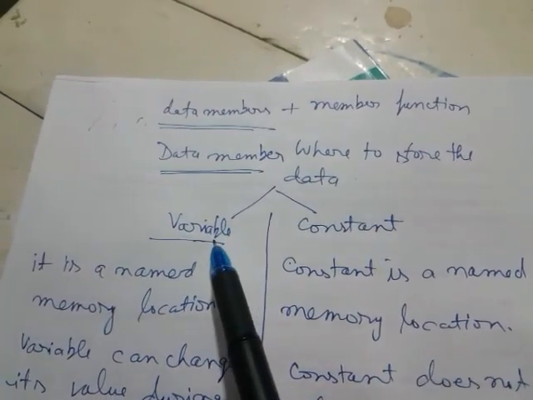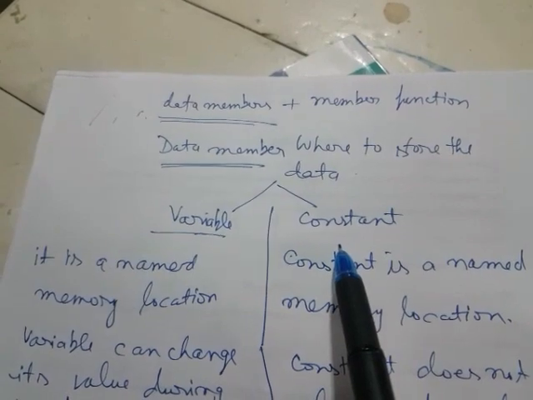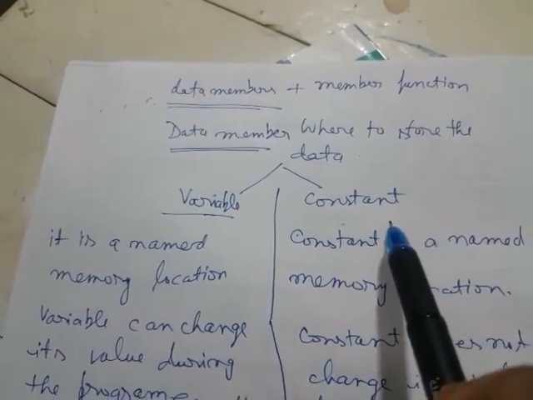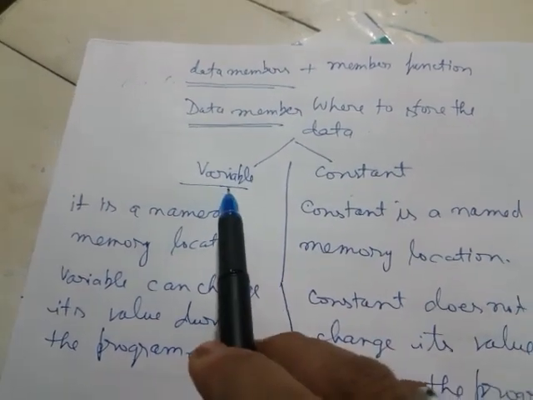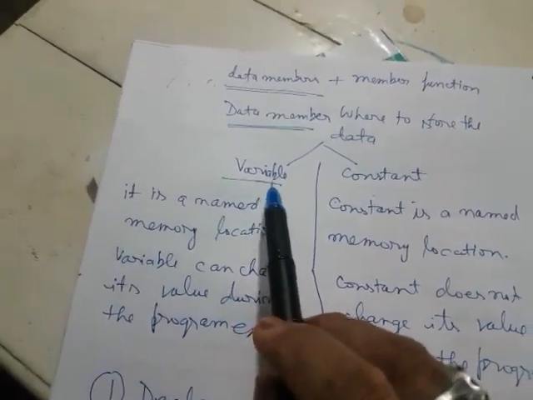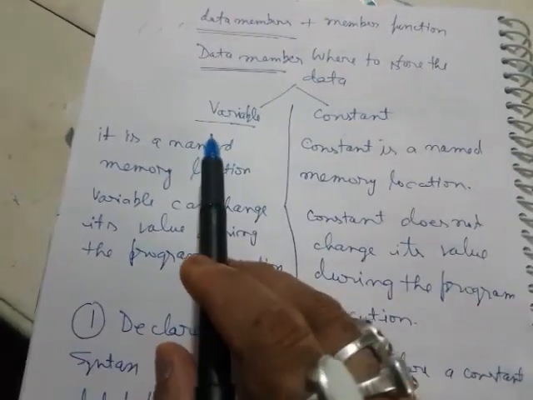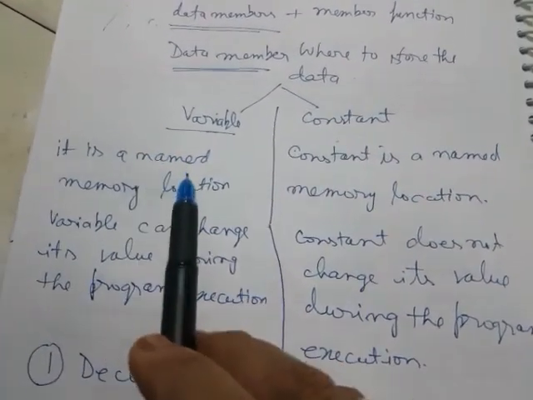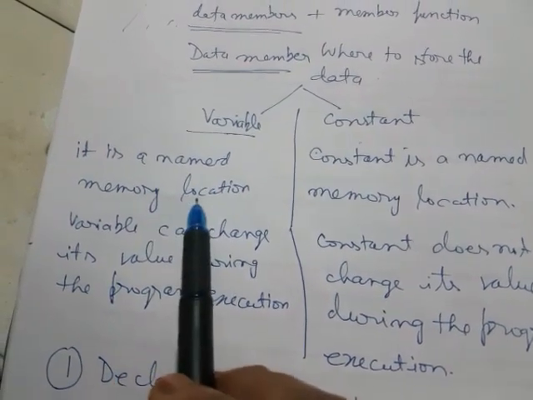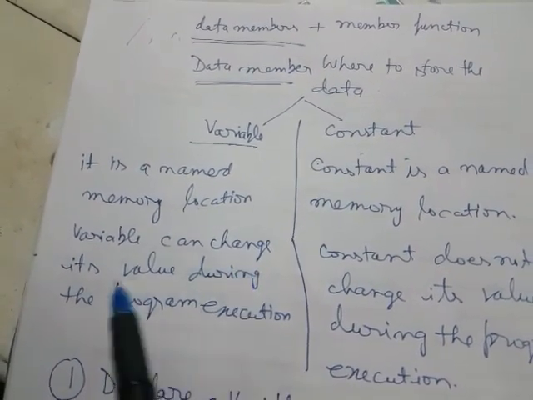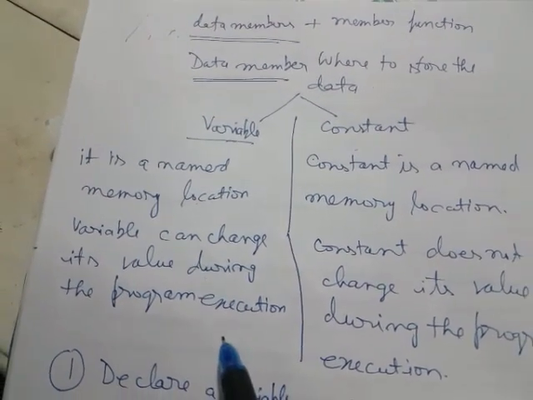There are two things, variable and the constant. We have got some other ways also of storing the data, but right now we have to understand variable and constant first. When we talk about variable, we'll say it is a named memory location, and variable can change its value during the program execution.